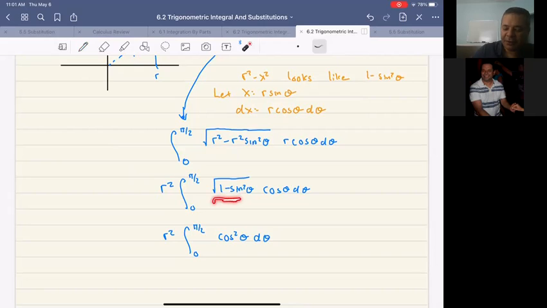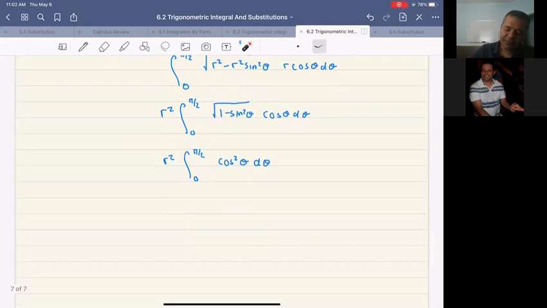This is cosine theta, and this is cosine theta. We have to be careful here because this could be the negative of cosine of theta if cosine theta is negative. But here we don't have a problem because from 0 to pi over 2, cosine theta is positive.